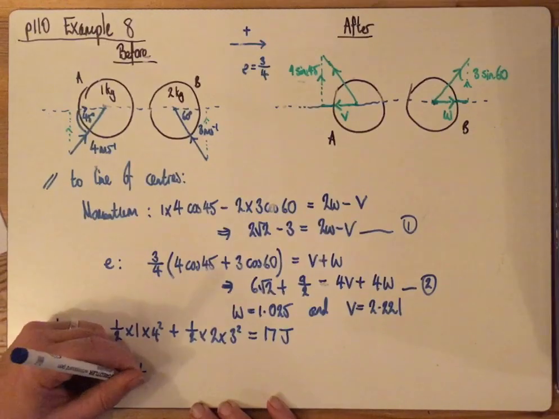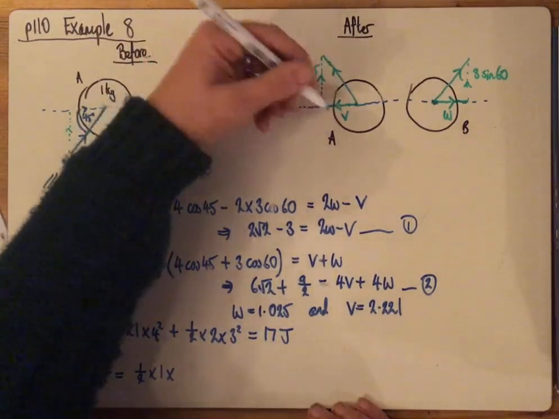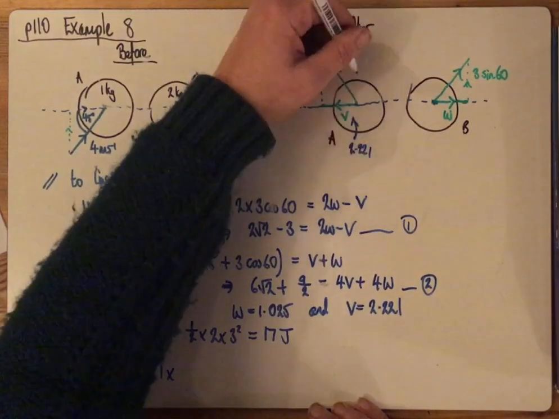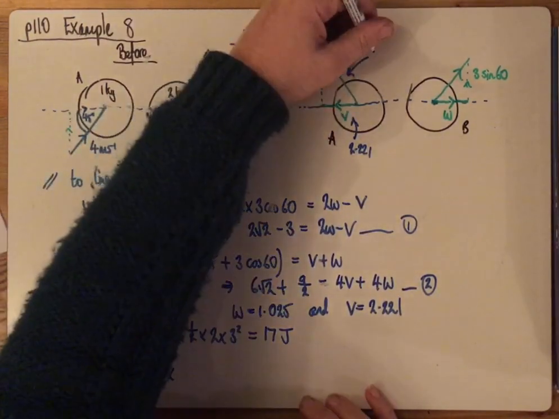So you will need to just do a little bit of Pythagoras around there. So V is 2.221, to find the speed afterwards. And that comes out as being 3.596.